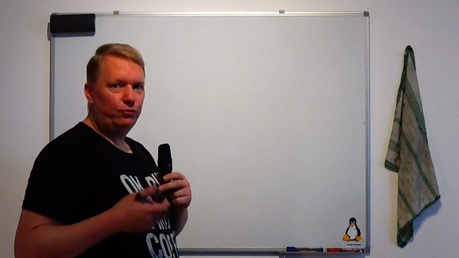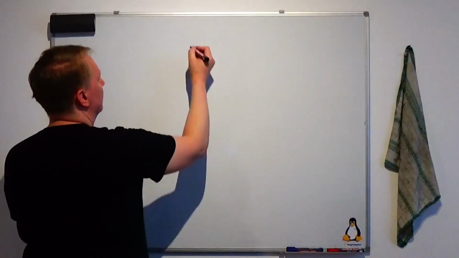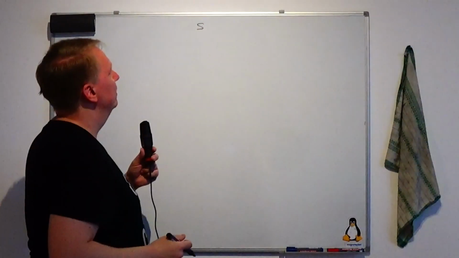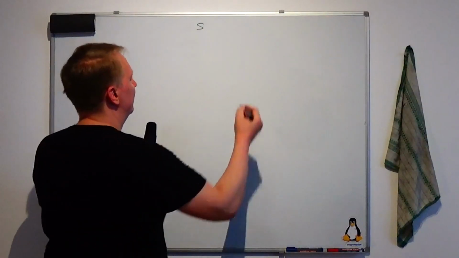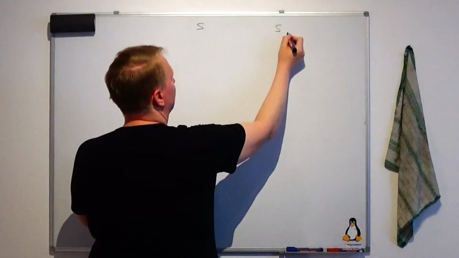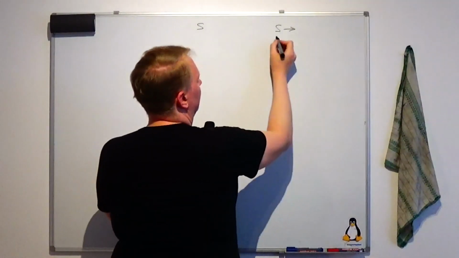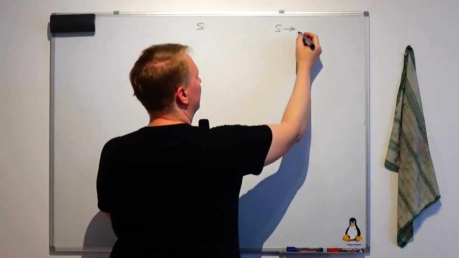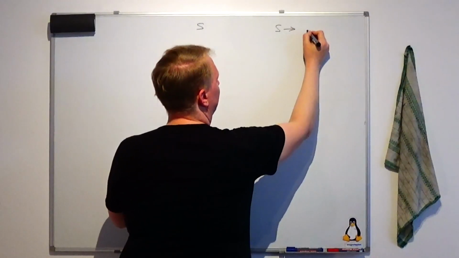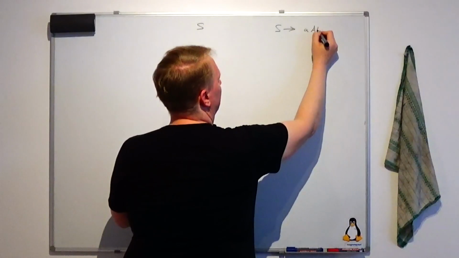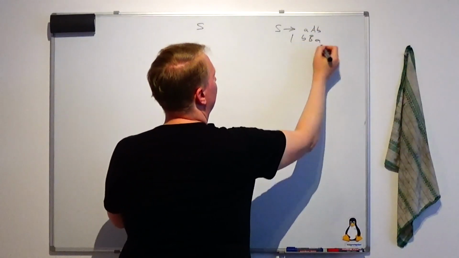So a different approach, a different way to represent the same idea, are context-free grammars. In context-free grammars, you have a start symbol, and then you have so-called productions, which allow you to replace some symbol on the left-hand side with a sequence of symbols on the right-hand side, like A, B, or B, A, for example.